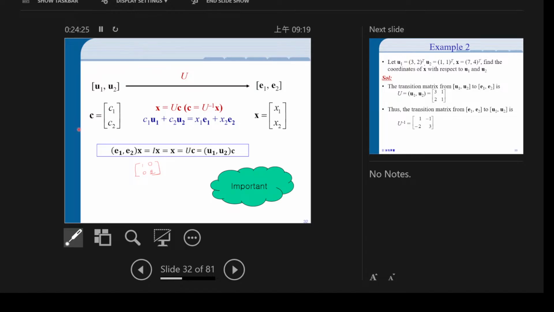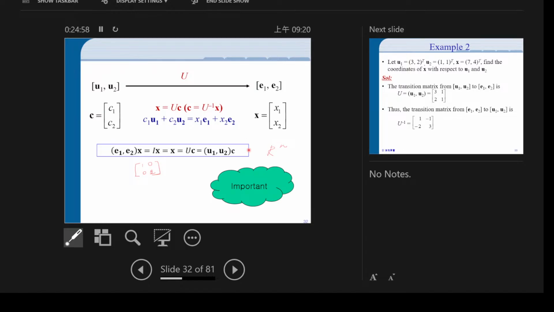So U will be a transition matrix from U to X, and so this will be a nice way to remember things in Rn. Okay. So this is nice for Rn, and I guess we mostly do change of basis in Rn, but this is less general because if you have an abstract space, then you don't really have the standard basis to write things. But it's nice for Rn.